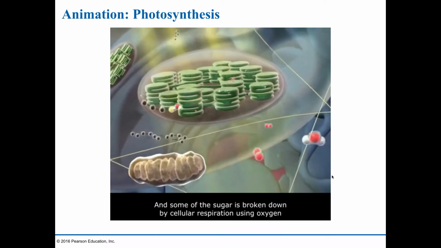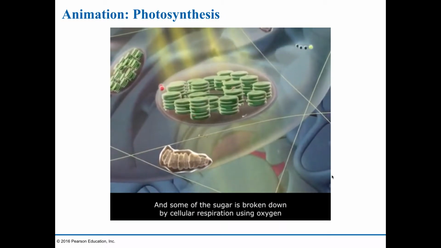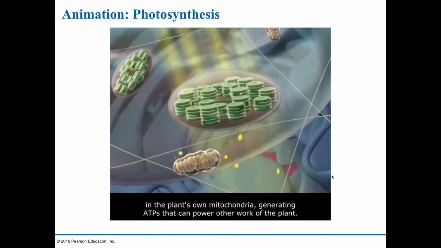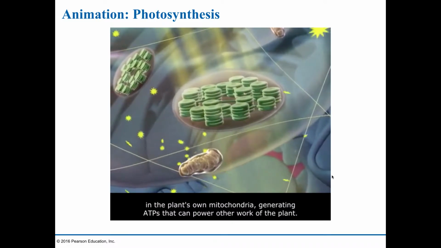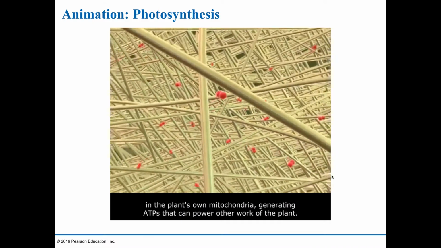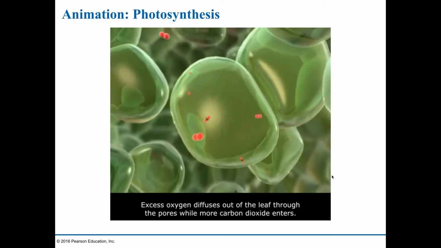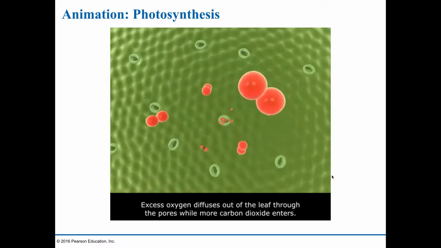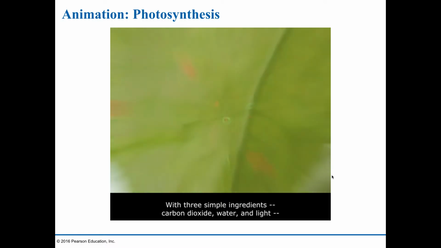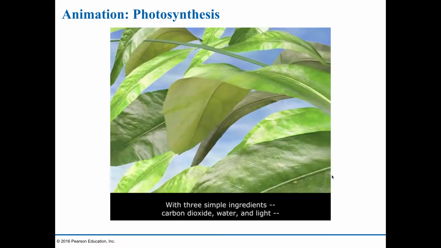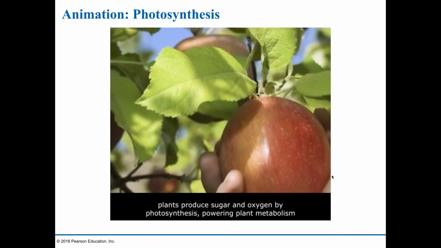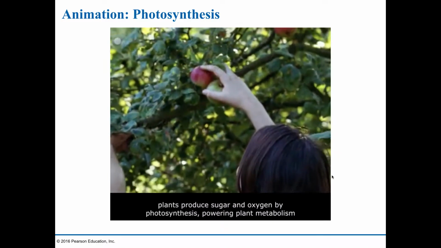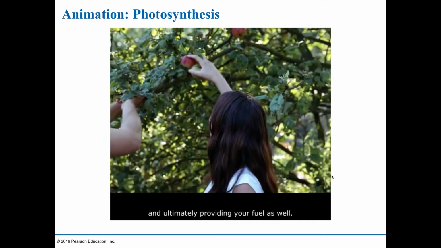And some of the sugar is broken down by cellular respiration using oxygen in the plant's own mitochondria, generating ATPs that can power other work of the plant. Excess oxygen diffuses out of the leaf through the pores, while more carbon dioxide enters. With three simple ingredients, carbon dioxide, water, and light, plants produce sugar and oxygen by photosynthesis, powering plant metabolism and ultimately providing your fuel as well.